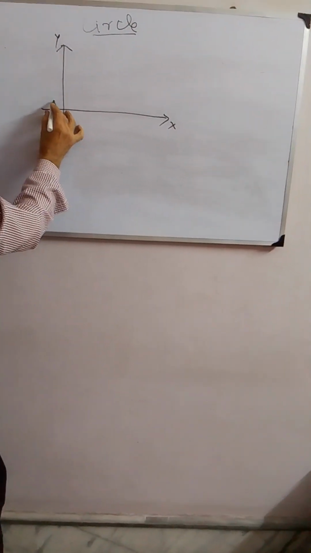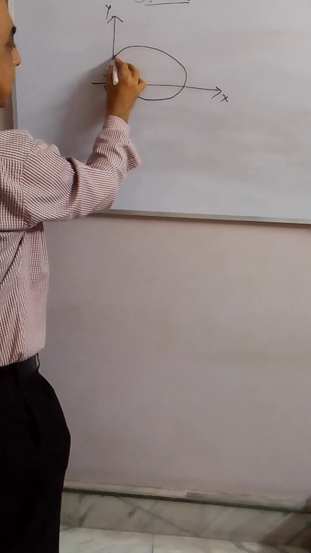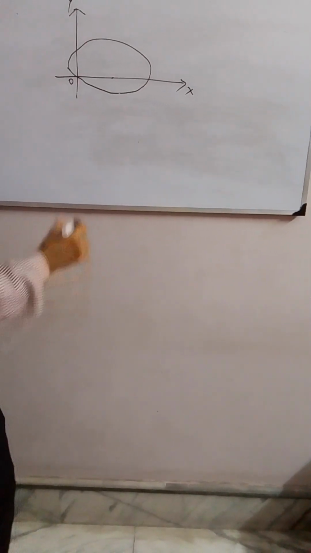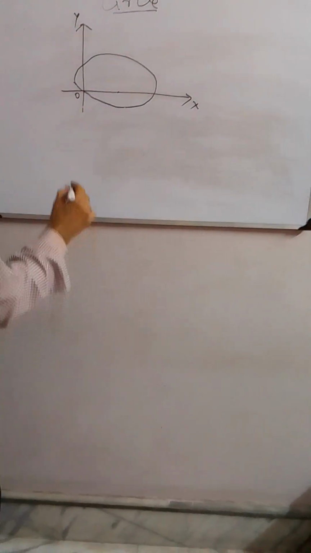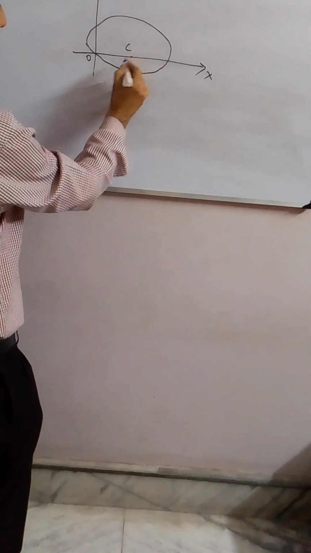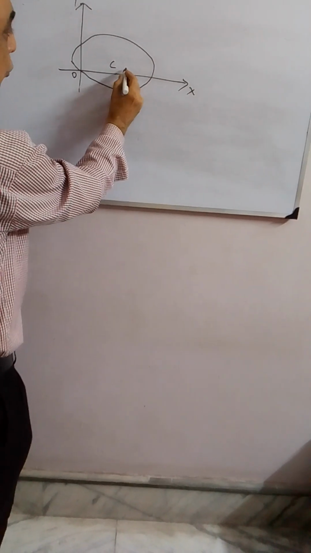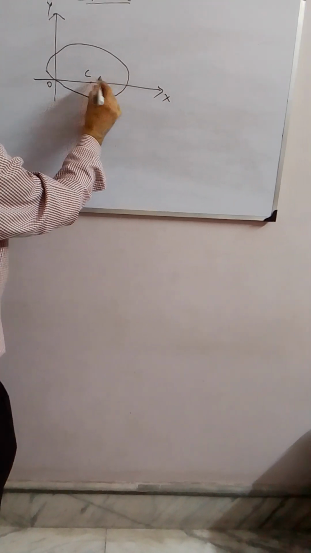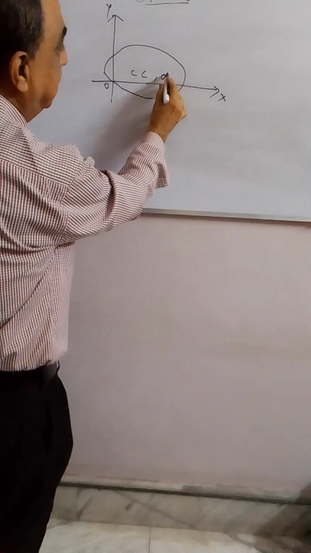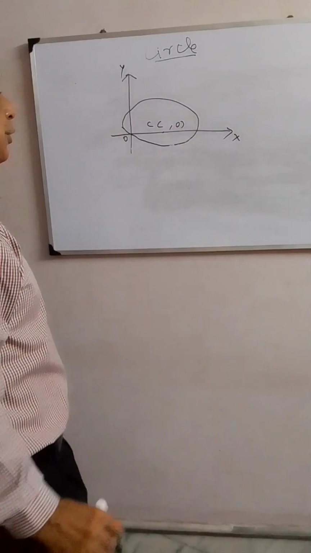The circle is passing through the origin, and the center of the circle is lying on the x-axis. The center's y coordinate will be 0, because for any point lying on the x-axis, the y coordinate is 0.